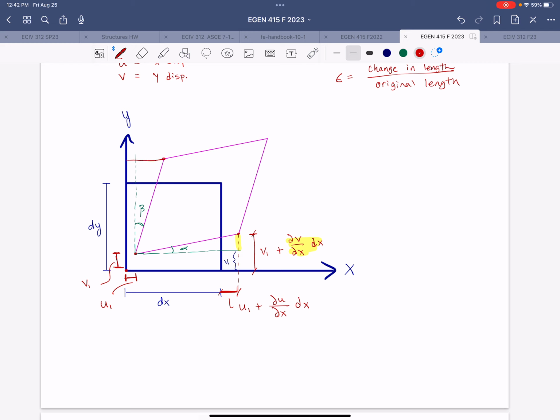All right, so this distance from the original position to the final position of that corner in the x direction is going to be u1, that rigid body translation, plus the deformation that occurs in the x direction with respect to y, because this is the originally vertical side. So that's going to be the partial derivative of u with respect to y applied over the original length dy. And this portion represents that piece.